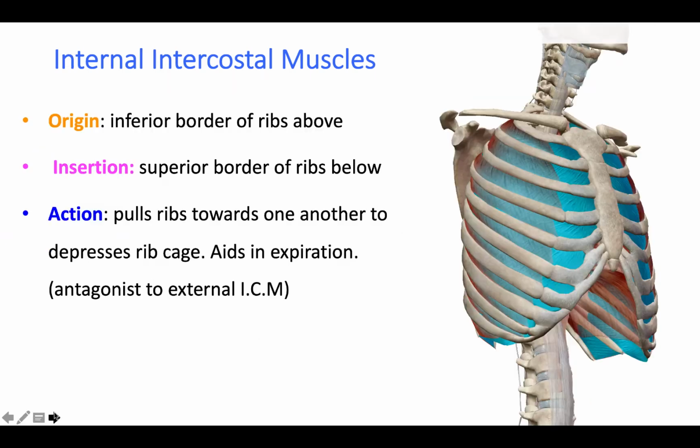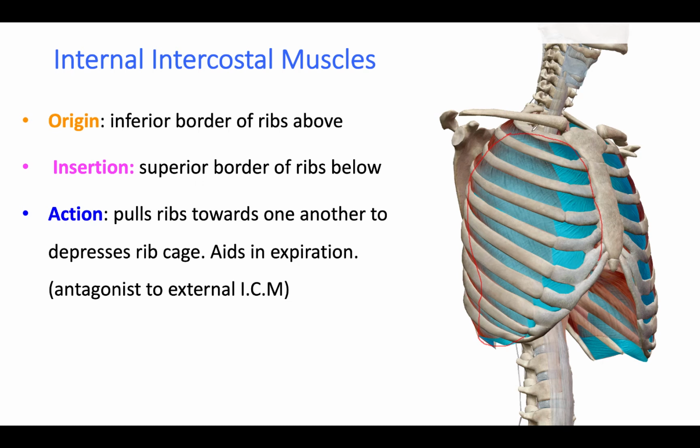Okay, now the internal ones, they do touch the sternum, and that's how you're going to tell the difference. Okay, and see how they look a little kind of sheet-like, a little thinner. Okay, see, but they're touching the sternum, and they don't go all the way to the vertebrae, to the vertebral column.